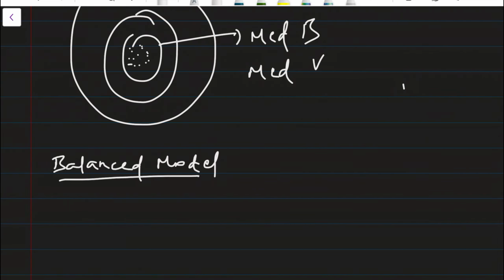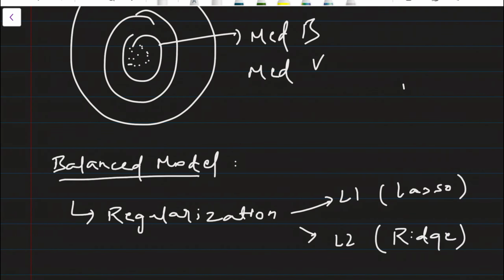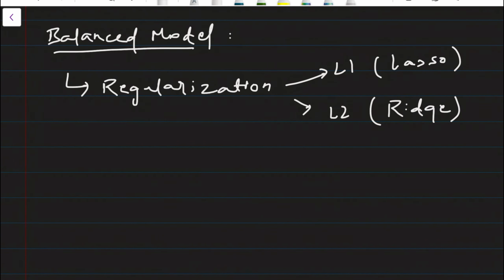We have some techniques, like regularization. Regularization consists of L1 regularization and L2. L1 is known as lasso, L2 is known as ridge regression. These two can prevent overfitting.